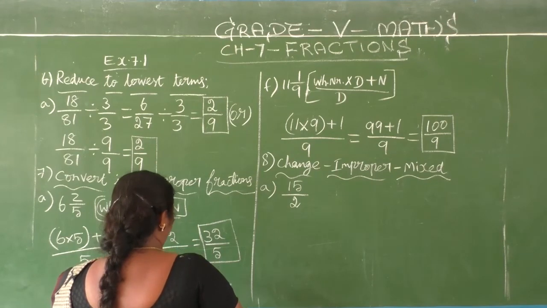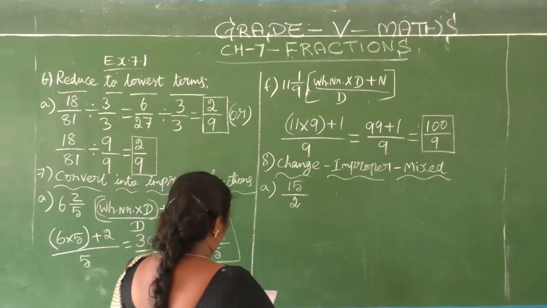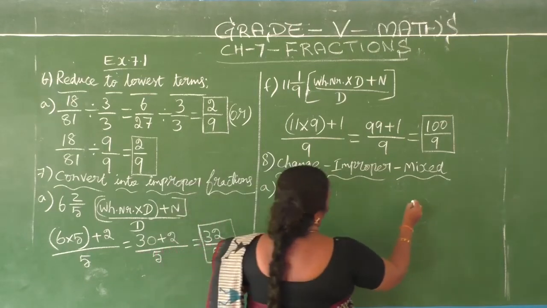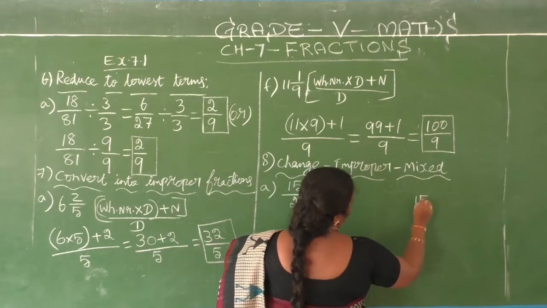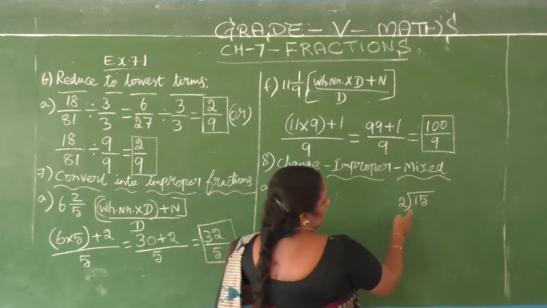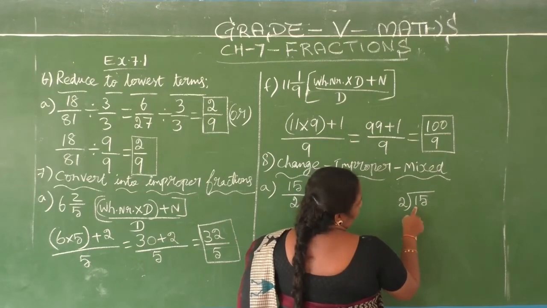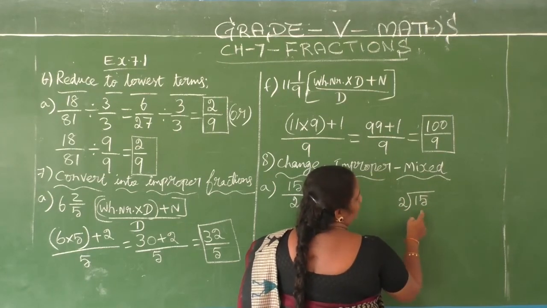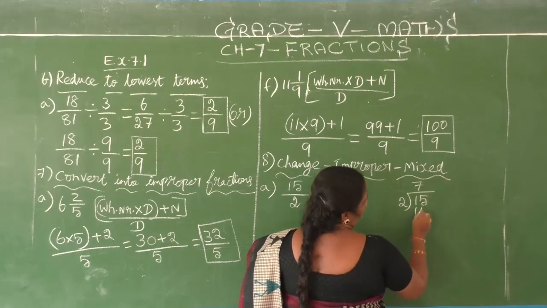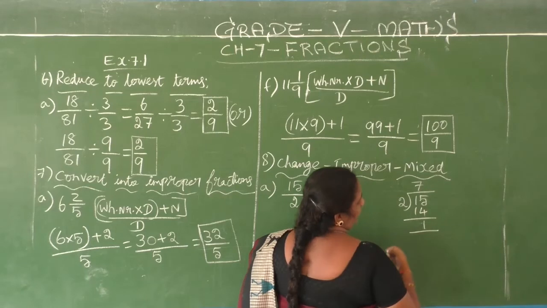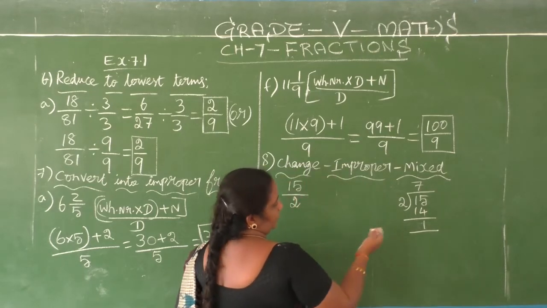First we have to divide the numerator by the denominator. What is the numerator here? 15, amma. And the denominator is 2. Whenever you start from the first place, it's a 1. So our divisor is 2. We cannot divide 1 by 2, so take the 2-digit number 15. How many 2s are there? 7 2s are 14. So 15 minus 14 is 1. Hereafter we cannot continue the division. That's all. Our quotient is 7.